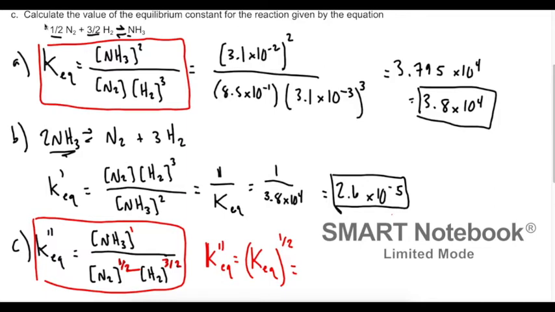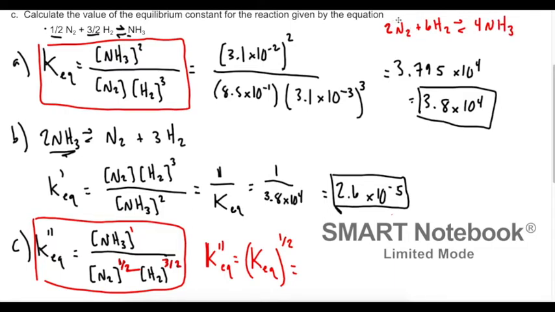If I had multiplied them by 2, for example, if I had wanted to know about the formation of 4 moles of ammonia, so I multiplied everything by 2, 2 N2 plus 6 H2 are in a reversible reaction with 4 NH3.